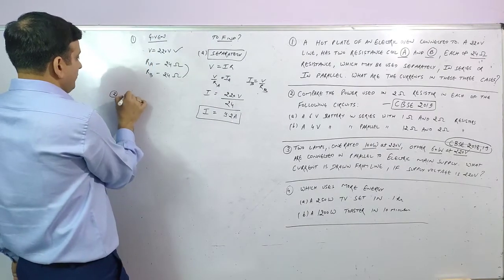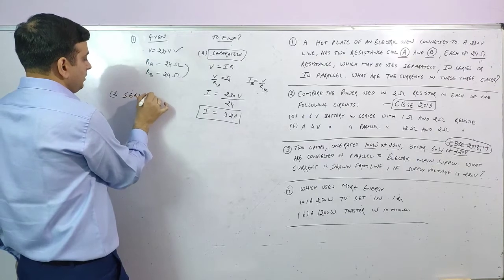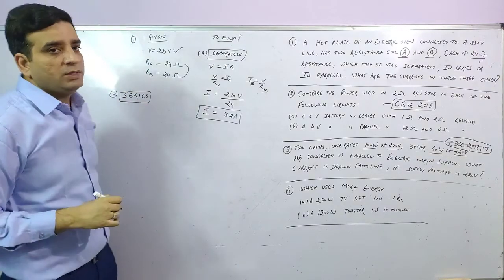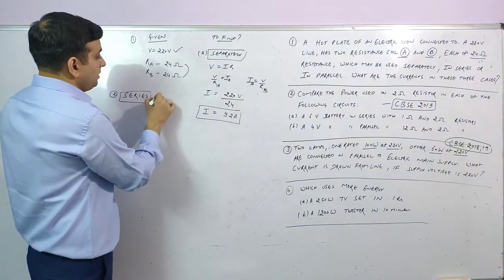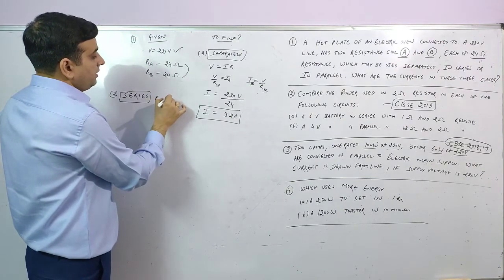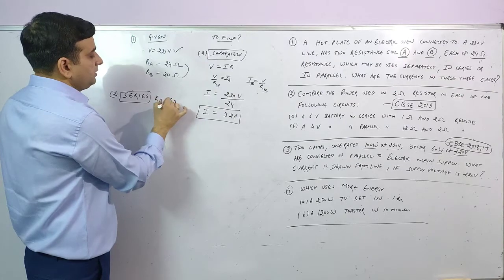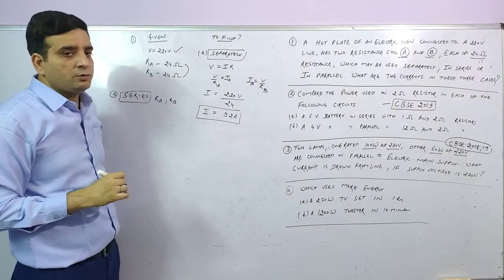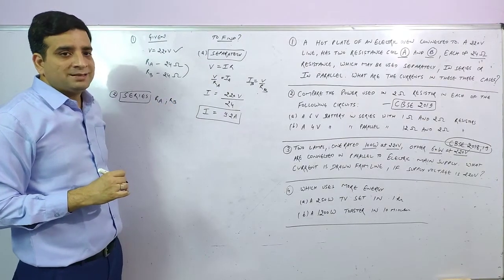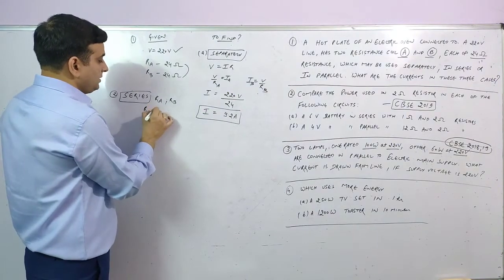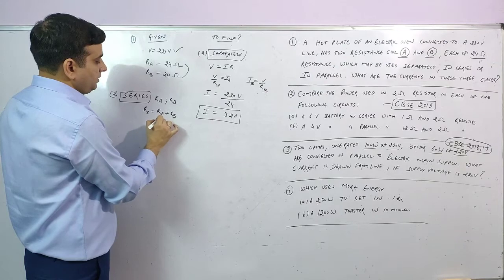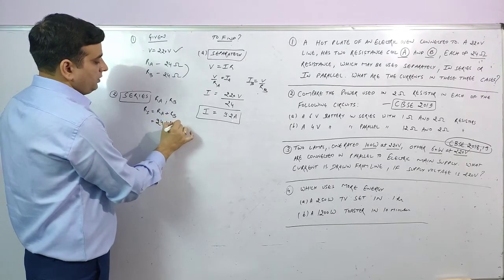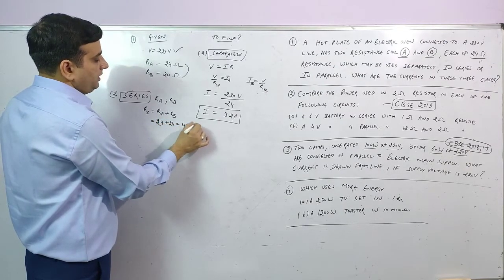The second case is when we are using them in series, means both coils are in series. In series means RA and RB are in series. According to the law of combination of resistors in series, total resistance is equal to RA plus RB, means 24 plus 24, 48 ohm.